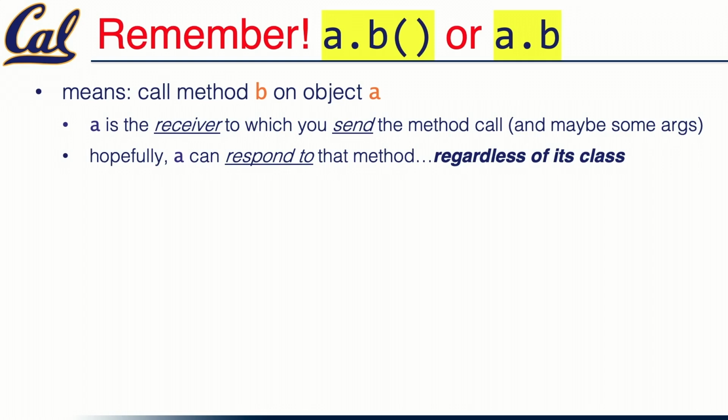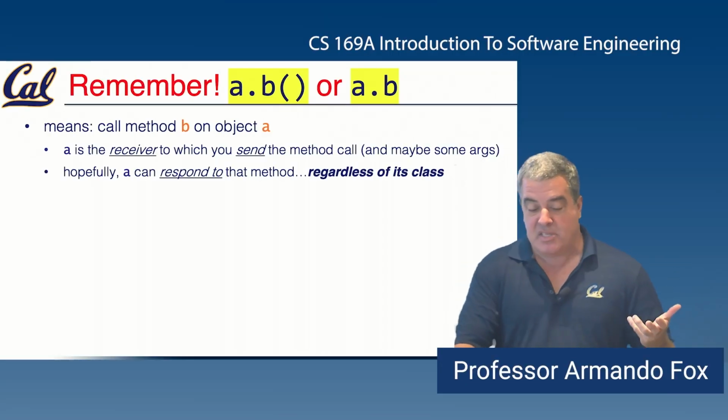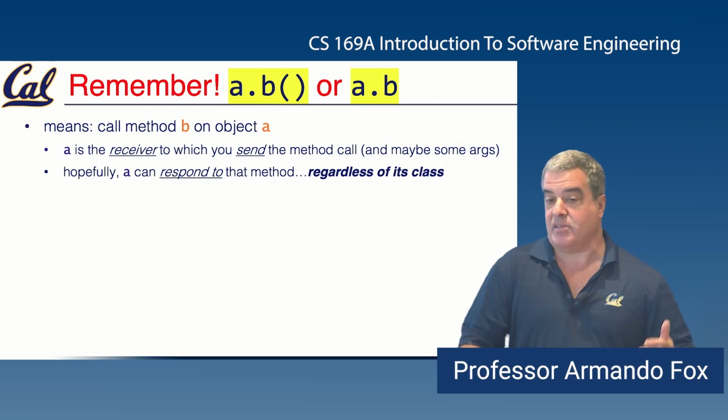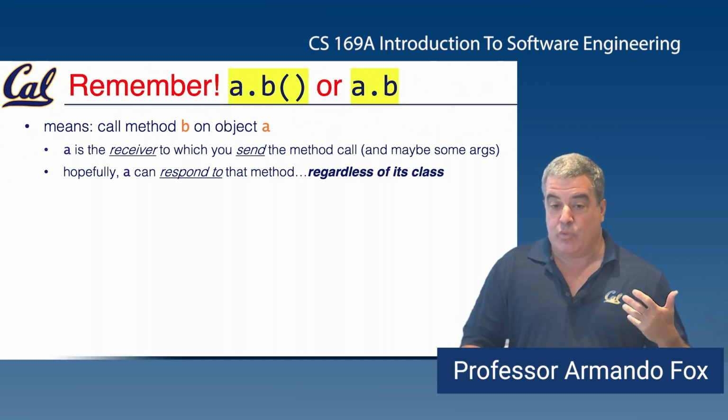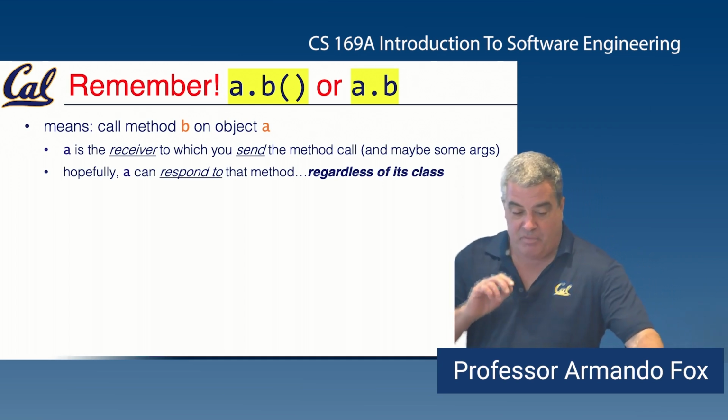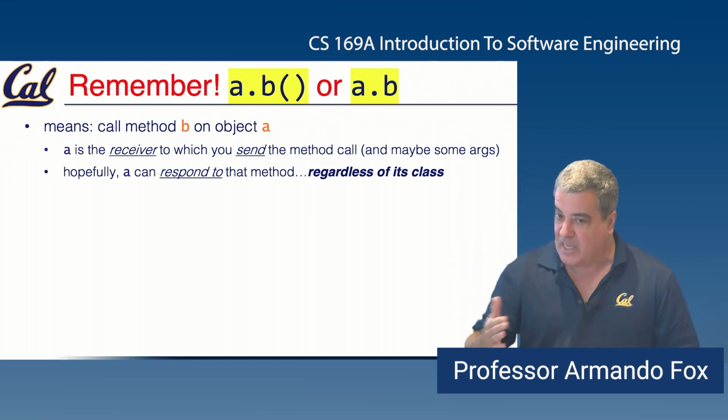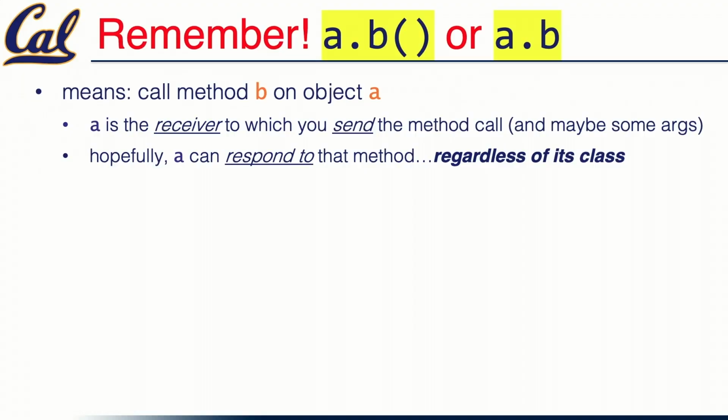If you're lucky, the object a actually responds to the b method. For example, typically, you're expecting that a is an object of some class. That class implements the b method as an instance method, and so a.b makes sense. Call the instance method b on the instance of the object a. And so we say that hopefully a can respond to that method. And when I said classes are weak and don't matter much, this is actually an example of that.